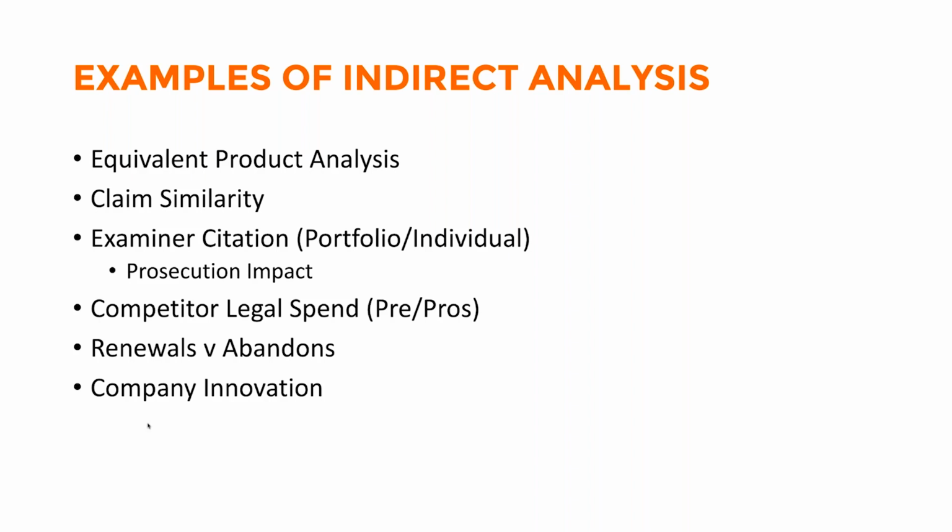And what is the best source for identifying renewals and abandons? Yeah, so a lot of the search tools that you can use will include some of that kind of status.